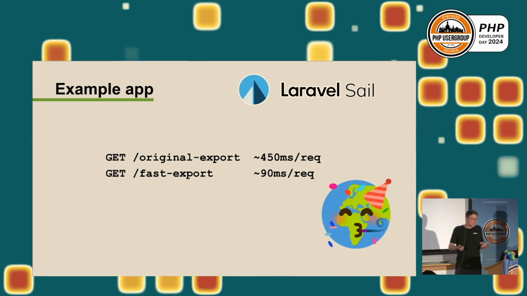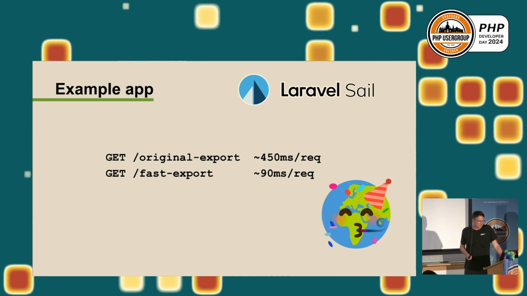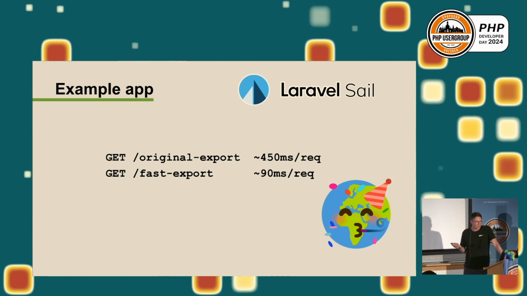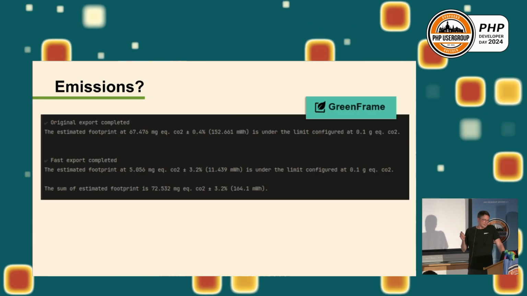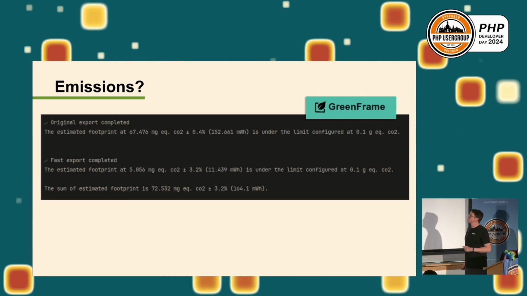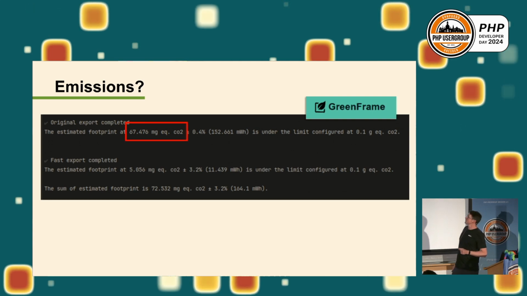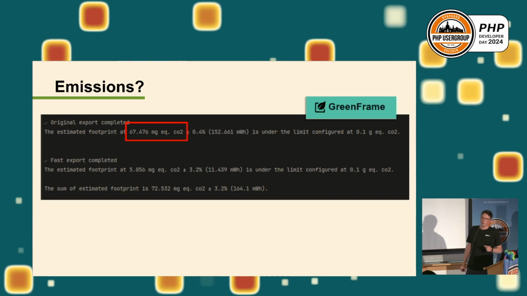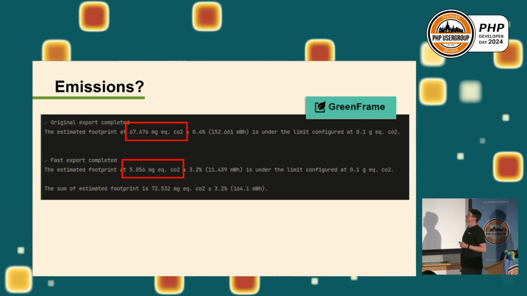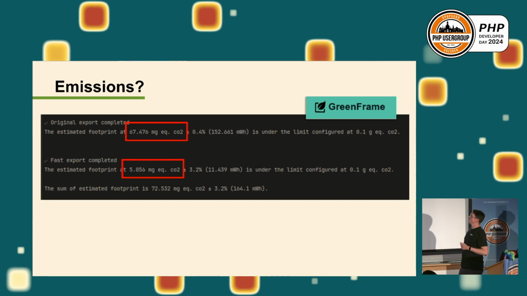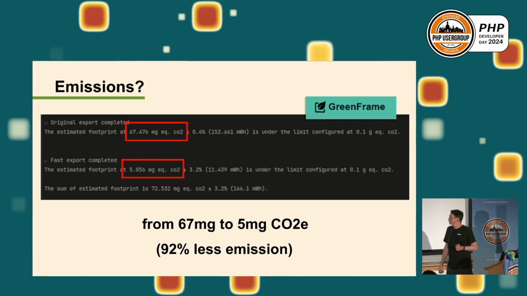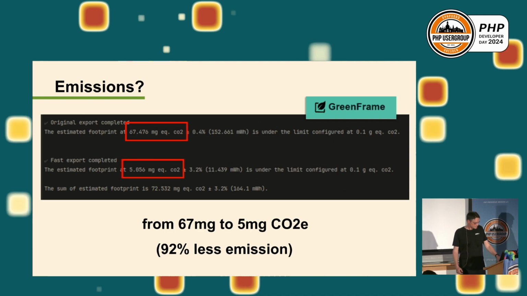It's a win, actually, for the environment and everybody, but it has, of course, some considerations which we probably need to talk about afterwards, right? But how about the emissions now? So I used the Green Frame tool to get the emissions estimations. Almost 70 milligrams per call for the slow export, and 5 milligrams of carbon for the fast export. That's 90% less emissions.